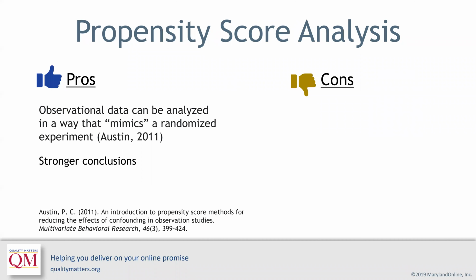Another pro is that you can make stronger conclusions compared to if you used a quasi-experimental design and just compared existing groups without making any sort of corrections. With propensity scoring, you have a rebuttal to the reviewers who are saying, yeah, but students who are better off to begin with use the tutoring service.